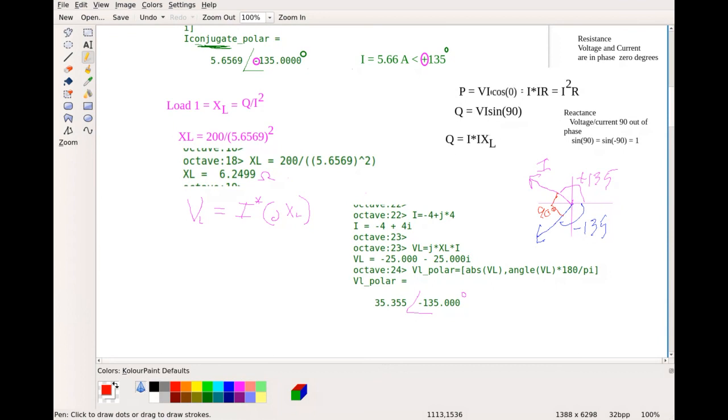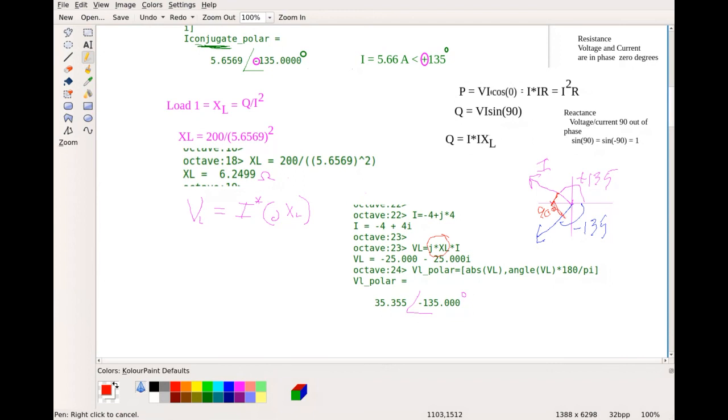Remember that your reactance gives that the voltage is 90 degrees out of phase with the current. So you're looking at your current up here that had this plus 135, and you're looking at the voltage and it's a minus 135, and you're like, well, wait a minute, I thought there was a 90 degree phase shift.